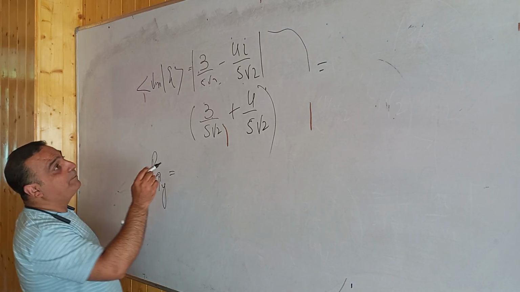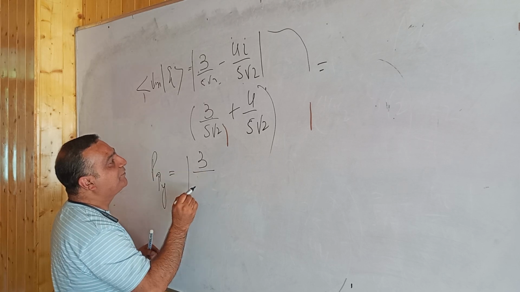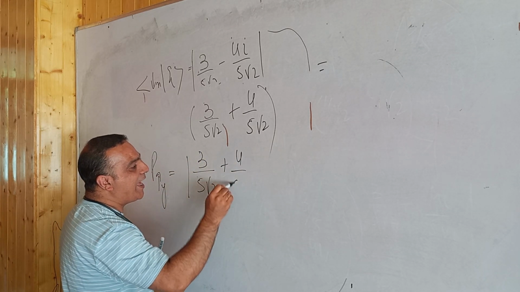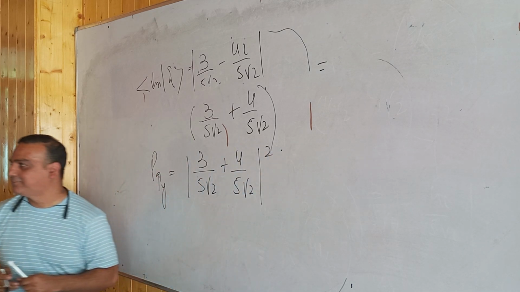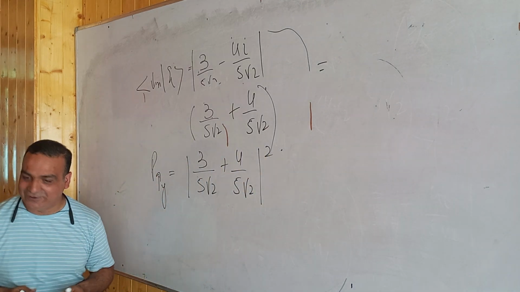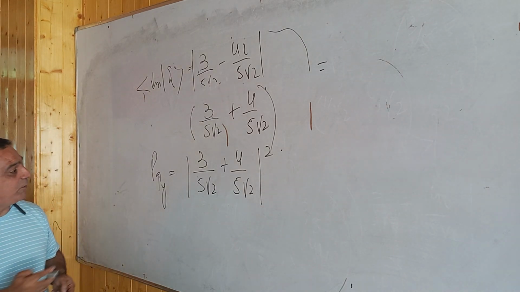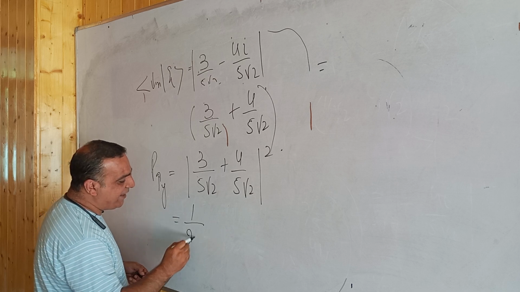1 by 2 — that will be the square of this. 3 by 5 root 2 plus 4 by 5 root 2, whole square. 1 by 2? No, it will not come as 1 by 2. Okay, so you check this, what will be out? Out you will have 25 times 2.